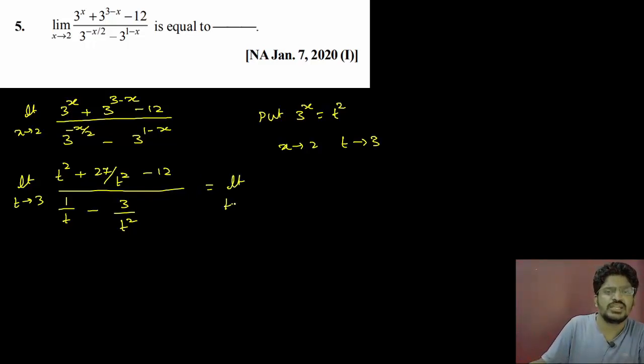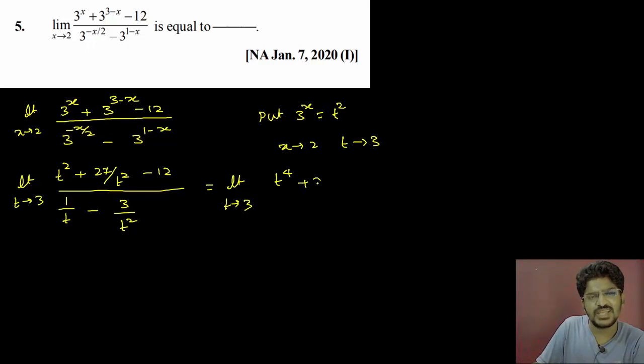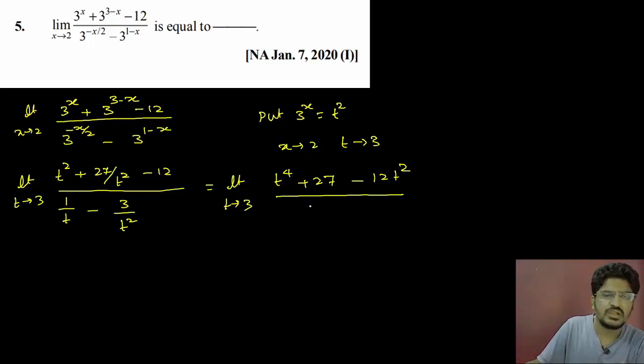That will be limit t tending to 3, t raised to 4 plus 27 minus 12t square, divided by t minus 3.